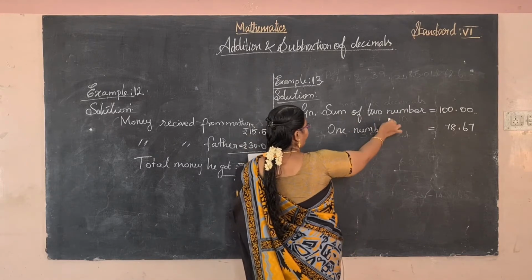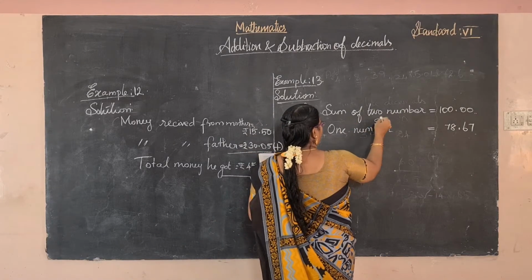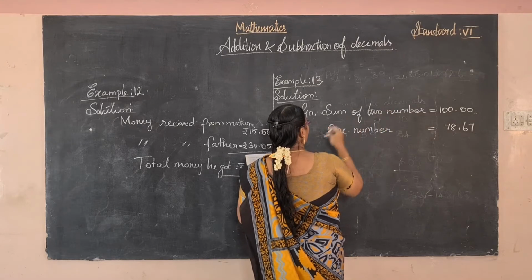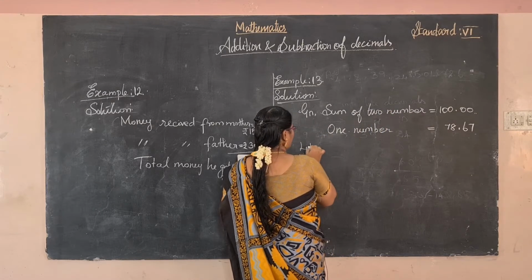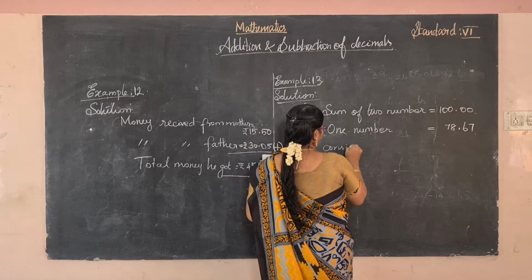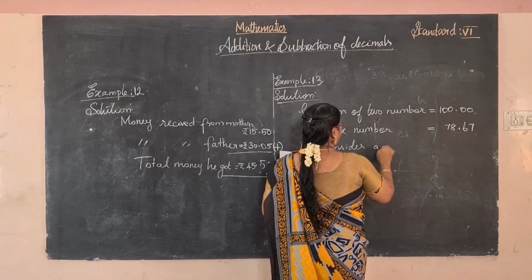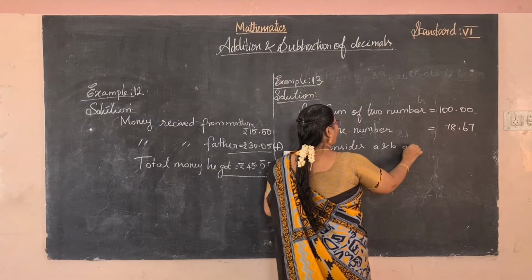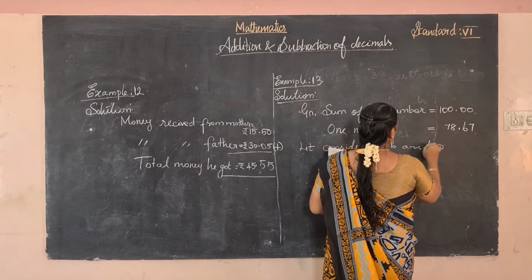So sum of two numbers means, let's consider A and B are two numbers.